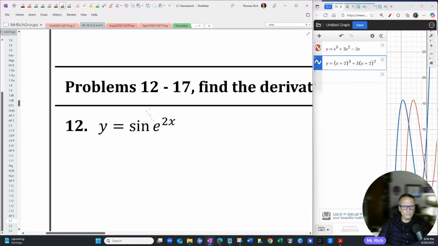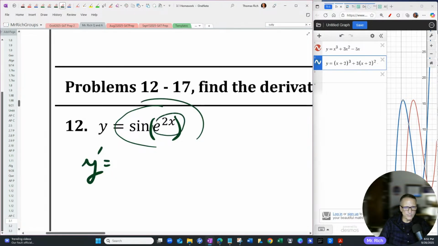Now, what I tell my students is this. What is the derivative of sine of a thing, sine of something? Well, it's cosine. So the very first thing I'm doing is just saying, all right, fine, I'm going to take the derivative of this outer function. In other words, I don't care what this inner part is. The derivative of sine is cosine. And I'm not going to touch the inside part. Like that.